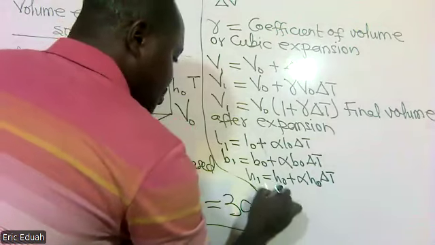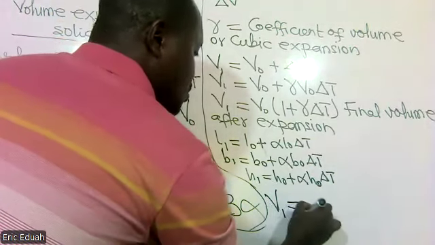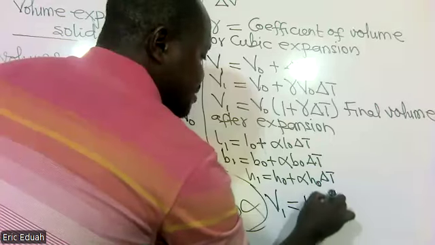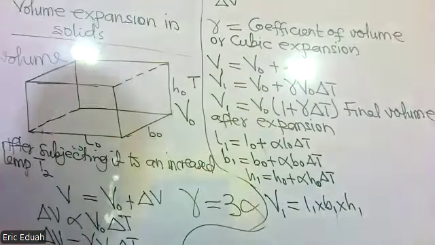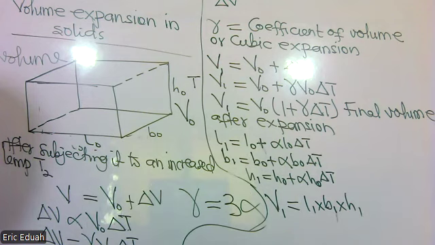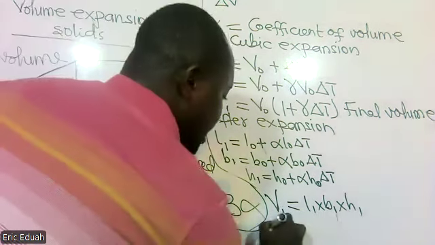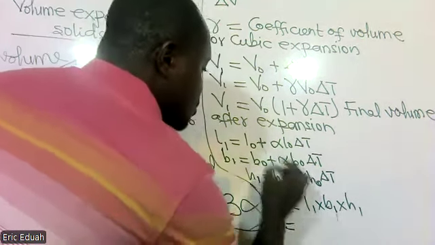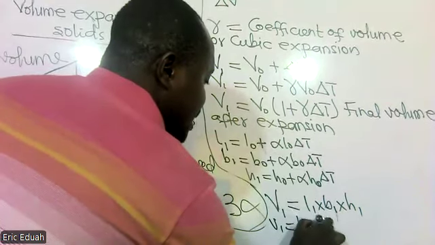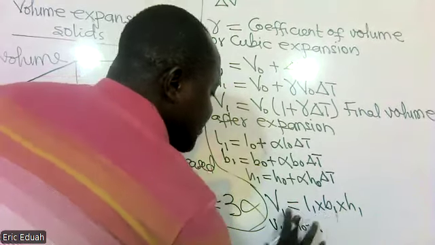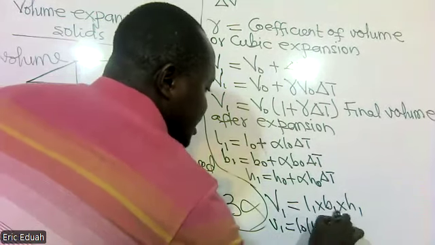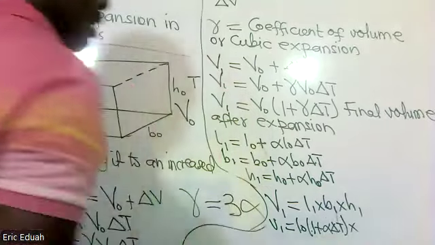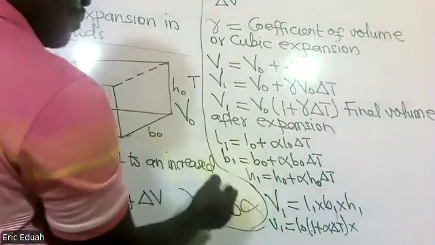Therefore, the final volume V1 will be equal to L1 times B1 times H1. Then you put in whatever you have here. So we'll have V1 equal to L0, let's even factorize L0 out, (1 plus alpha delta T), times B1.